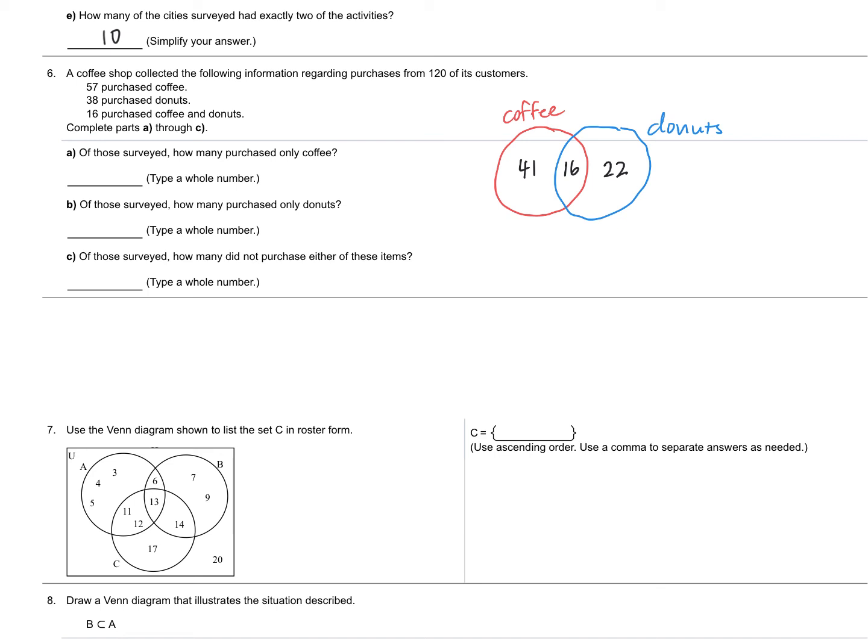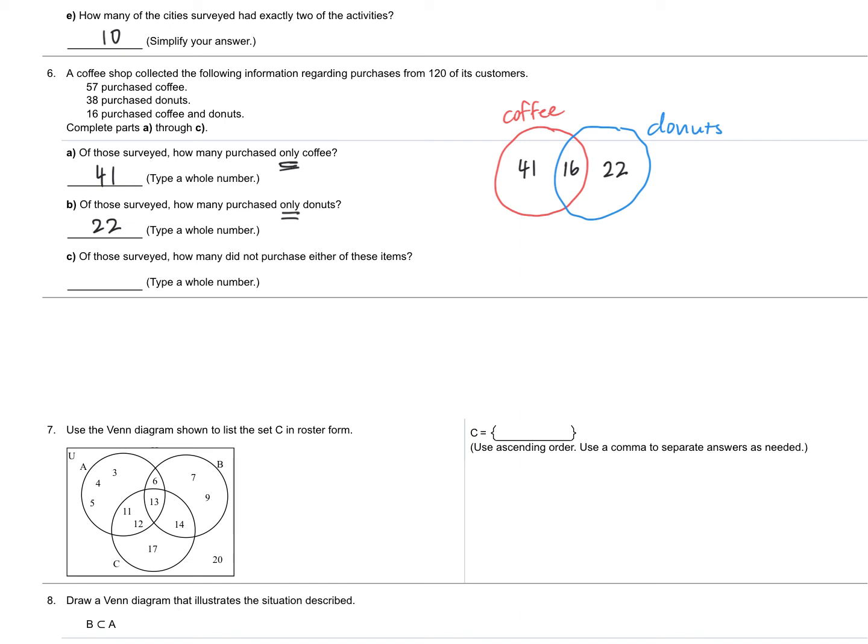So the "only" makes a big difference, right? If it says how many purchased coffee, that would be the 57 that they gave us in the beginning. But since it says only coffee, they want the 41. Okay. Of those surveyed, how many purchased only donuts? Again, that word, that's the 22.